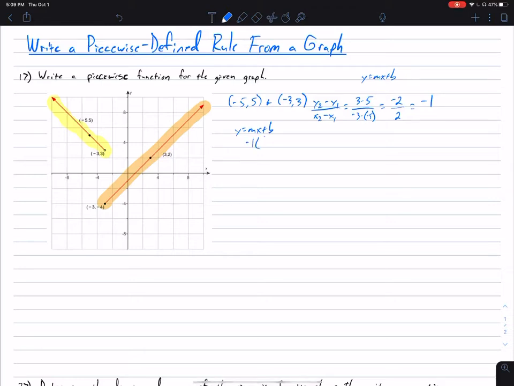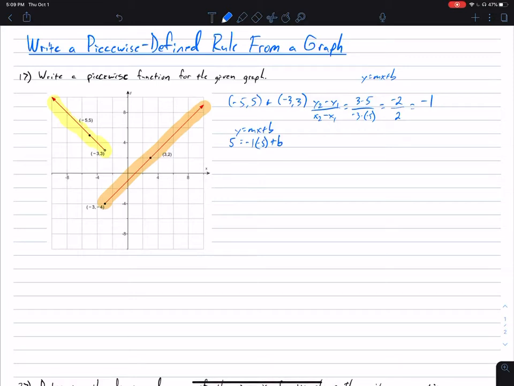I'm looking for b, and I can choose either of the points I already had, negative 5, 5, or negative 3, 3. I'm going to use the 5s, really no reason for picking that one over the other. My y value would be a positive 5, and the x value is negative 5.